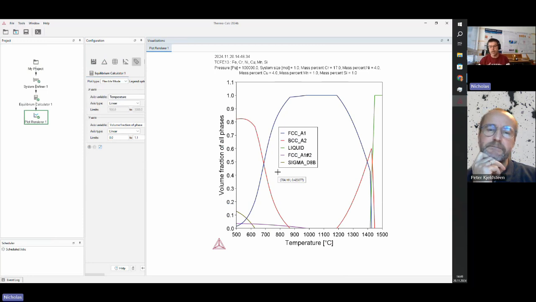So if I look at this, I'd immediately say this is a martensitic steel, because I would assume that if I cool the austenite here, there is such a high driving force for it to decompose that it will just transform martensitically, right?